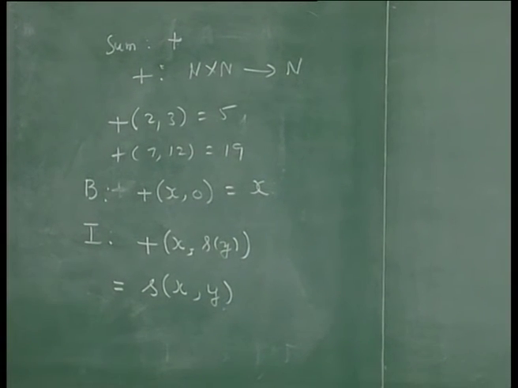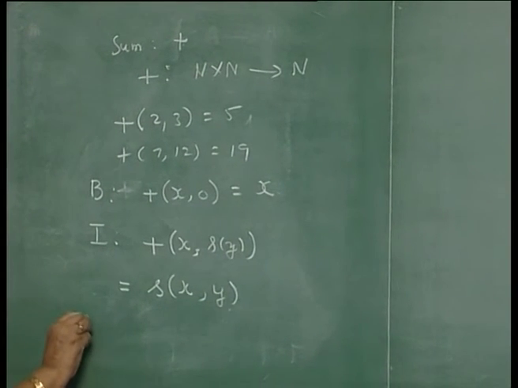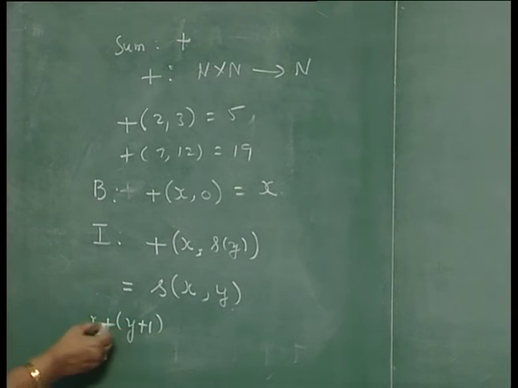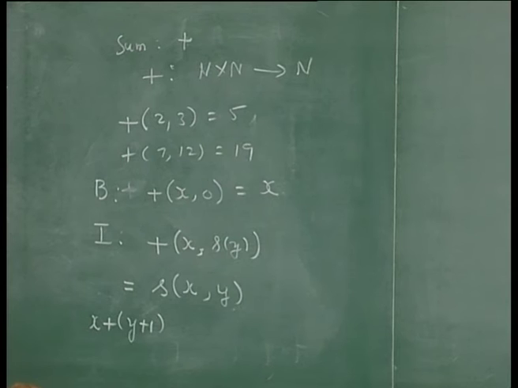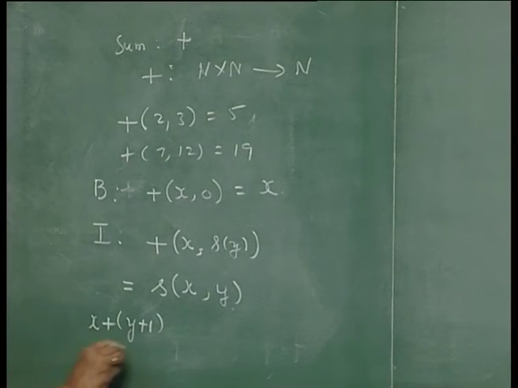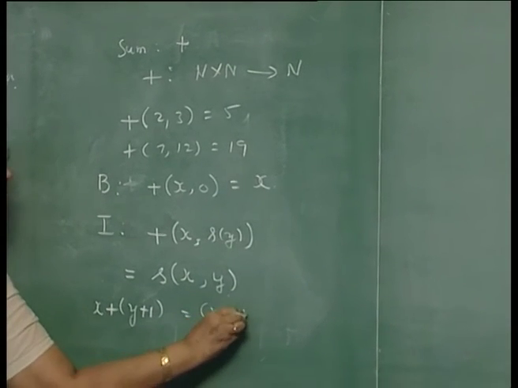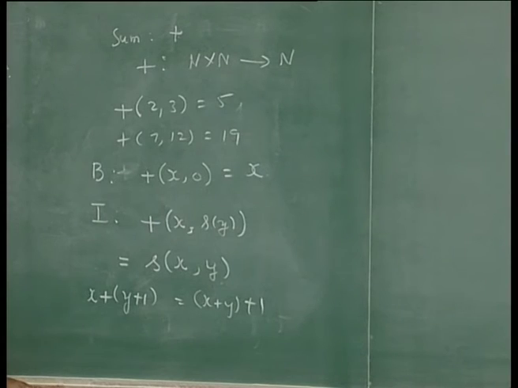Or in other words, it means that if you want to add x with y plus 1, the successor of y, it is equal to saying find the sum of x and y and find the successor of that.